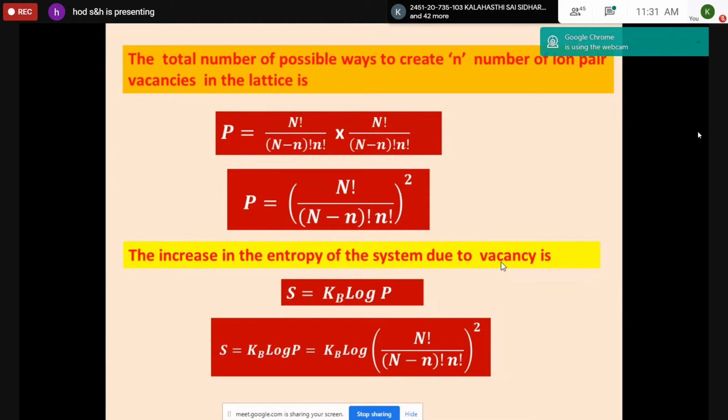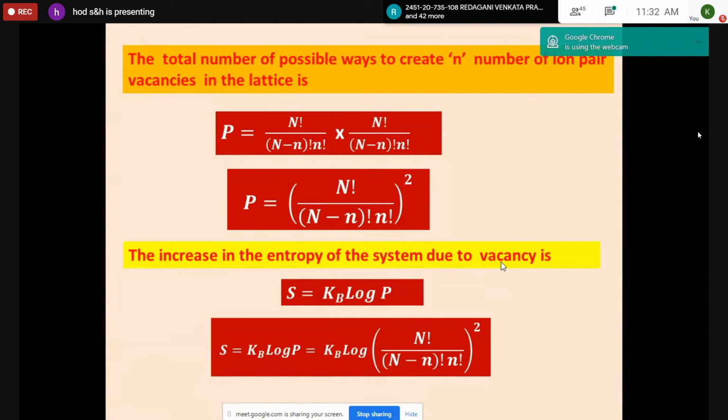So entropy will be increasing. The entropy is represented by S is equal to Kb log P. Actually entropy is proportional to the number of possible ways, where Kb is the Boltzmann constant and P is the number of ways.